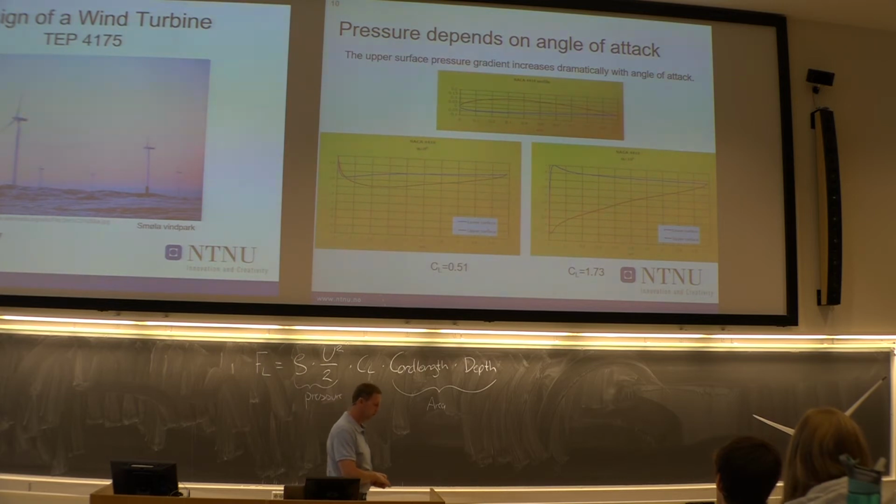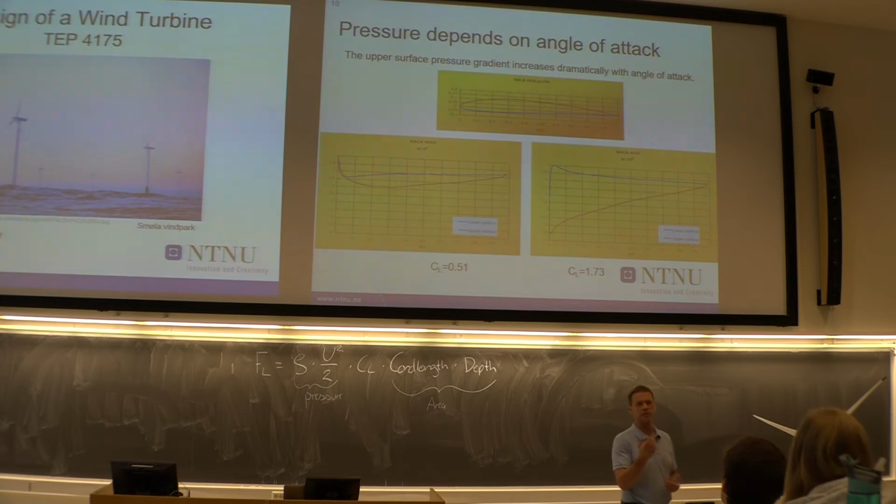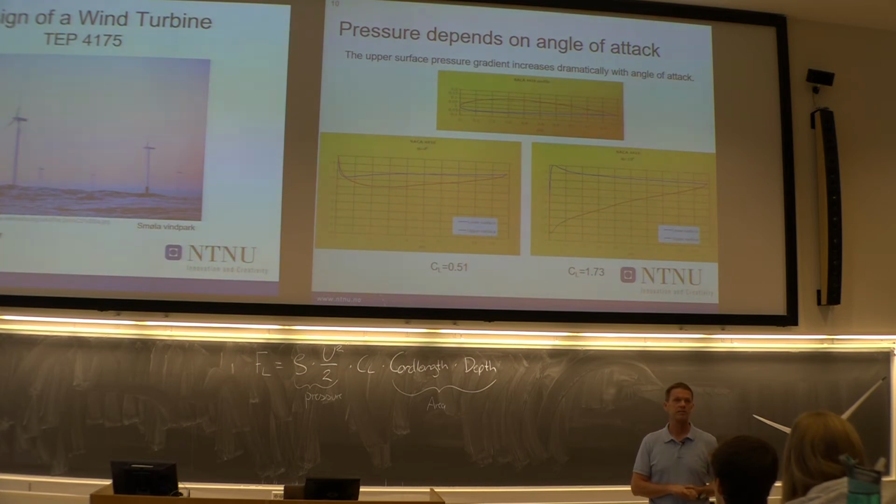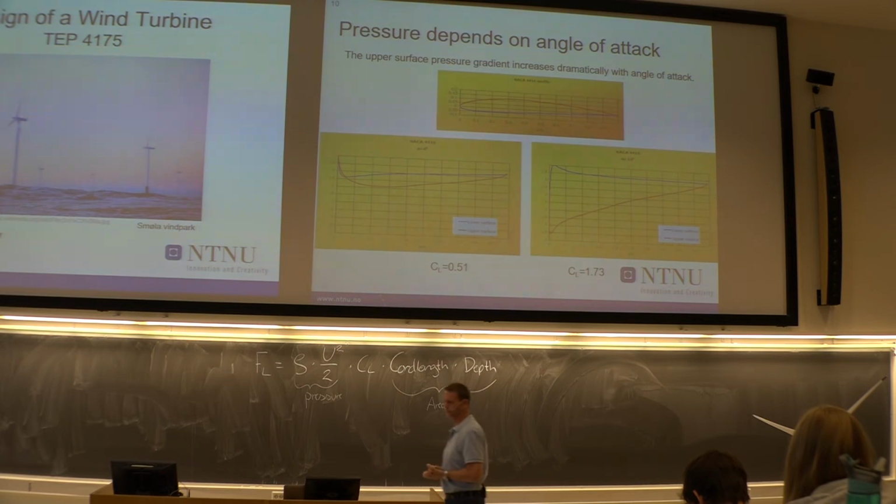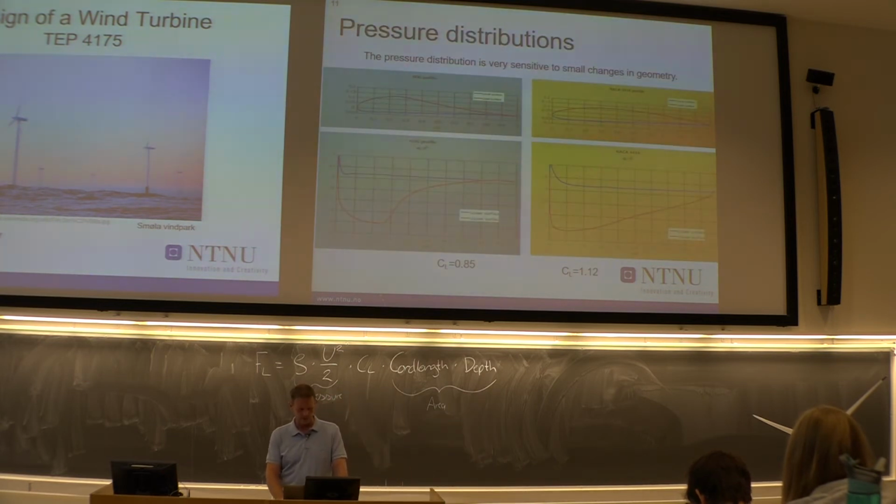The NACA profiles are something that is available for all of us, and if you go on the web, you can actually search it and find that information yourself. Just different examples.